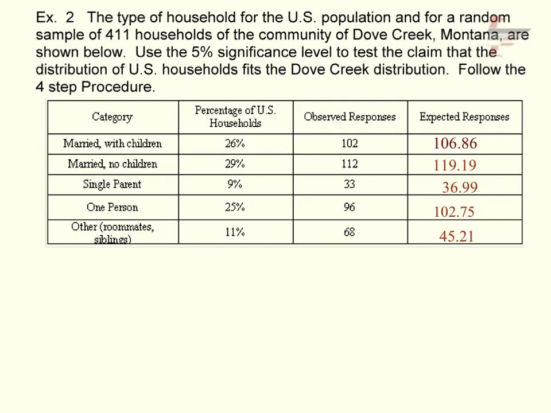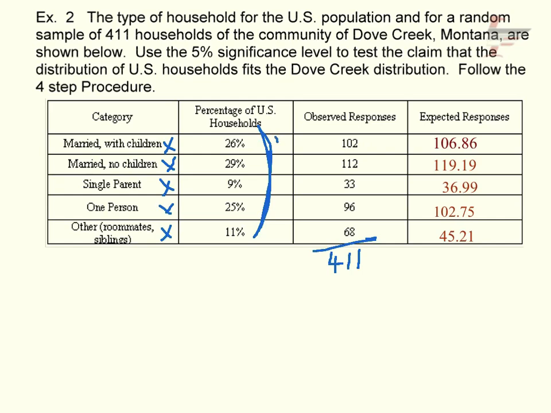You'll notice the table here is all set up for us. We have the distribution for the United States and all the categories for types of households. We've got 5 different categories, and the 411 observations from Dove Creek are listed here, and we want to see if it fits well with the distribution for the United States, so we need to take a look at the expected values.